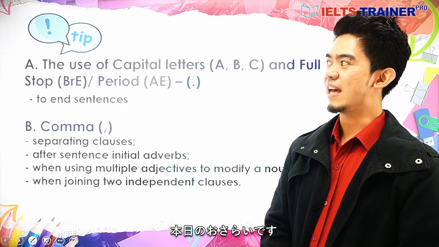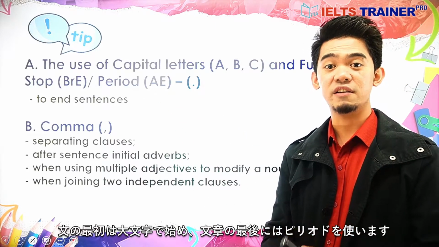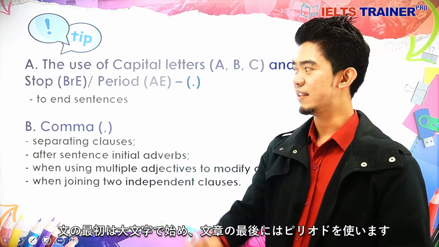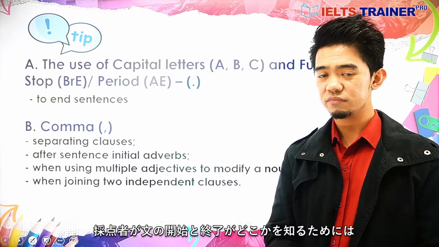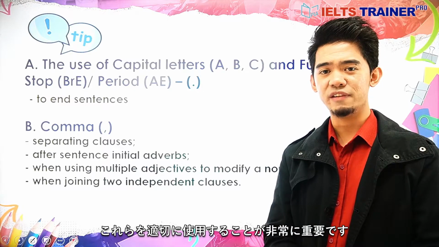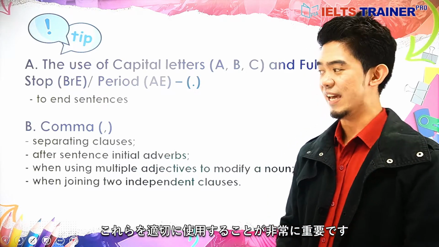To summarize everything, the use of capital letters, we use this one in front of our sentence, and full stop or period to end our sentences. It's very important that we should use this in between our sentences for our evaluator to know where to start and where to end.